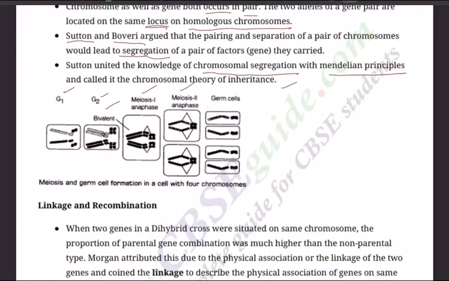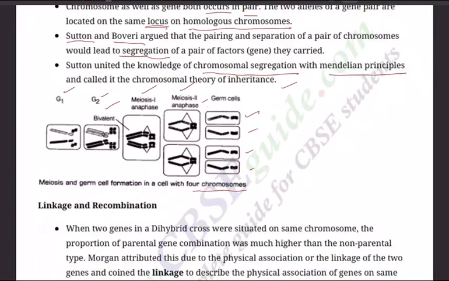In meiosis 2, further, in anaphase 2, we are able to see the variants, the recombinants, and the germ cells will have chromosomes with varieties of alleles. So meiosis and germ cell formation in a cell with tetrads, four chromosomes.